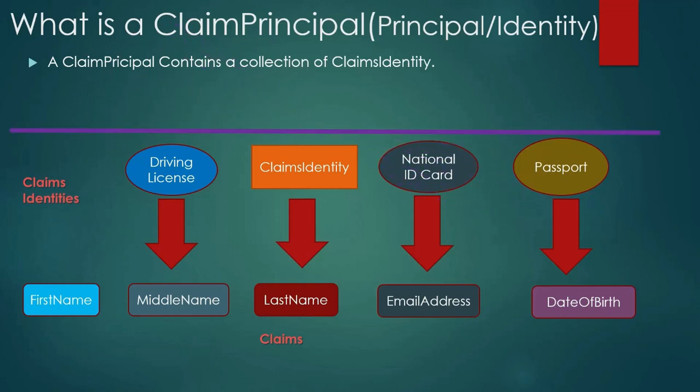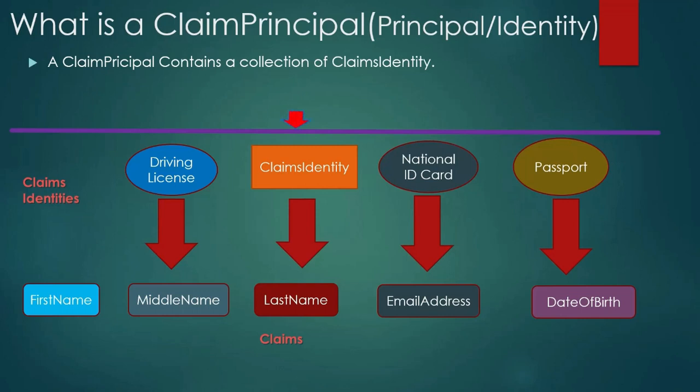So what a claims principal means is a collection of claims identities. So the driving license, national ID card, and the passport, when you combine them, make a claims principal.